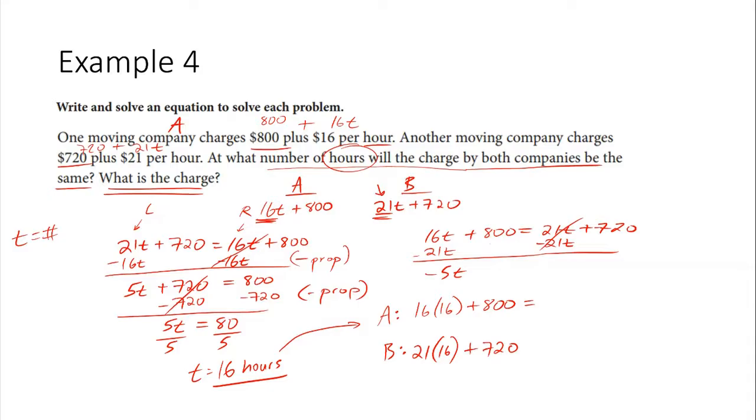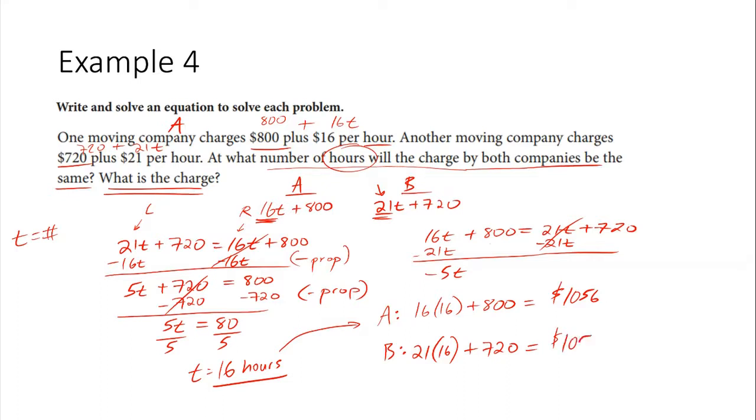So real quick in your calculator, make sure you're doing this with me. 16 times 16 equals 256 plus the 800, and you get $1,056. Now do the same thing for company B real quick. 21 times 16 equals 336 plus the 720, and how about that?